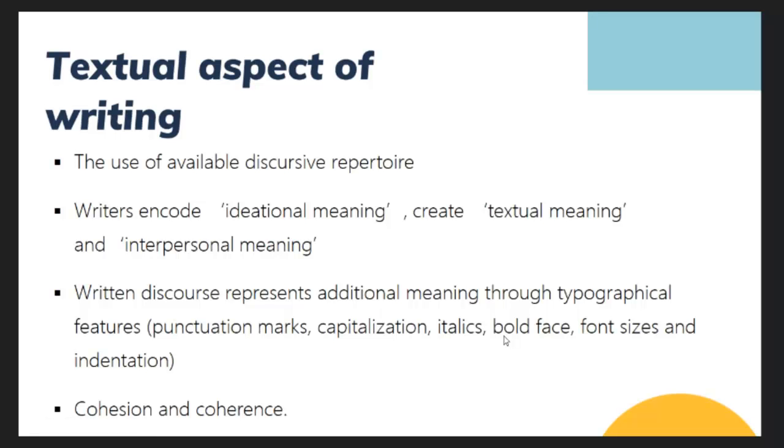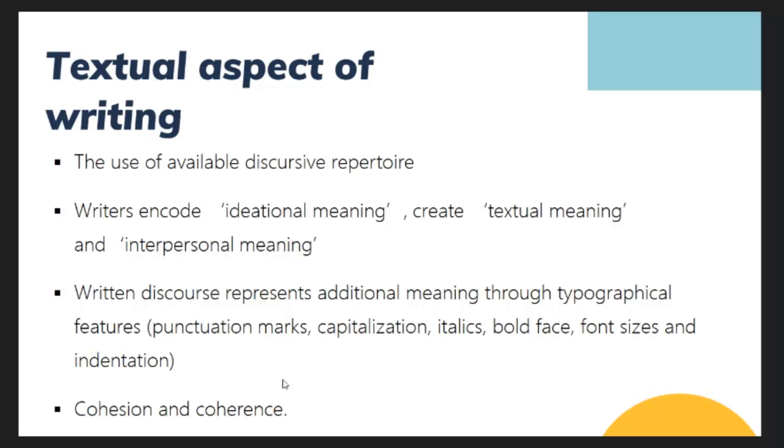Also, we have some important qualities of a text, that is cohesion and coherence. For cohesion, sentences must be connected by cohesive devices so that the reader can follow the text easily. And in terms of coherence, this term is quite controversial because what is considered coherent will differ from one discursive community to another.